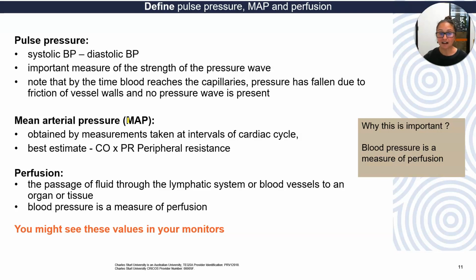You have to have a level of pressure to make sure that blood is going to where it needs to go. If the blood pressure is too low, some cells may be missing out on blood. Okay? That's why it's important to understand blood pressure.